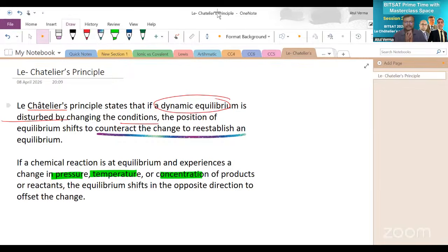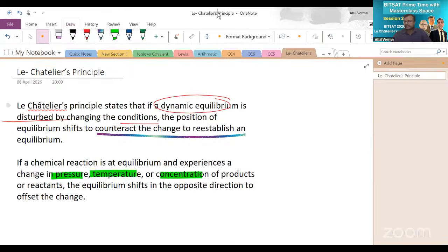But in that dynamic equilibrium, if you suddenly introduce some kind of disturbance, the aim is very simple: to counter that change, the system behaves in a way that it can oppose the change. As soon as a change is introduced, the system behaves so that the change is opposed.